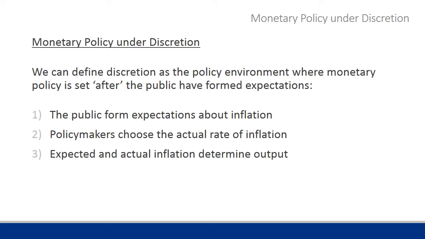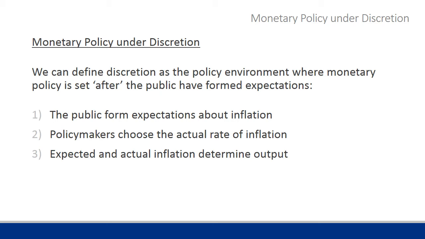Today we're going to look at two types of policy: policy under discretion and policy under commitment. What do we mean by monetary policy under discretion? The monetary authority reacts to the economic conditions in each period and uses its discretion so that the public are unaware of the policy in advance.